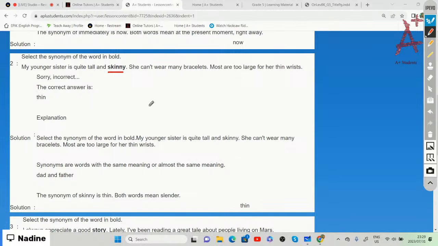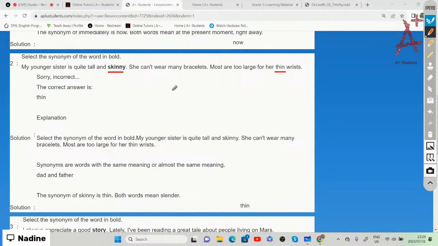Another word for skinny can be thin or slender, right? But in this case, seeing that we had to identify the word from the sentence, it is thin. So you can either say my younger sister is quite tall and thin, or quite tall and skinny.